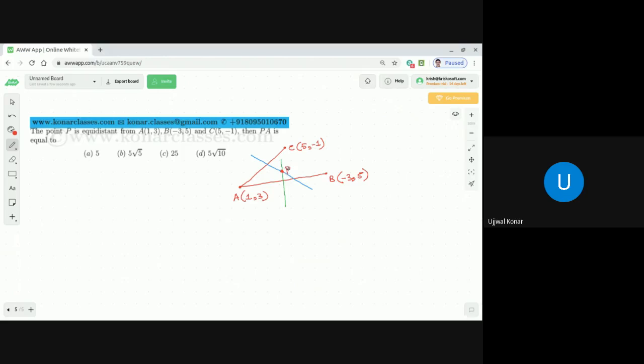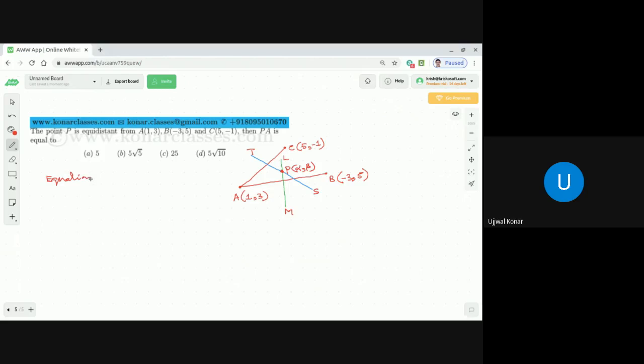So let's assume the coordinate of the point P be (alpha, beta), and the perpendicular bisector of AB, suppose, is LM, and the perpendicular bisector of AC is ST, suppose. So what is the equation of LM?